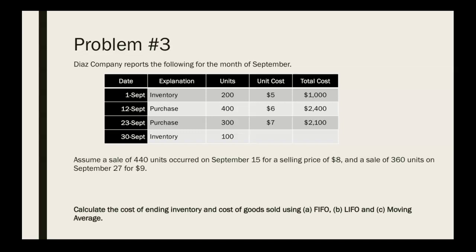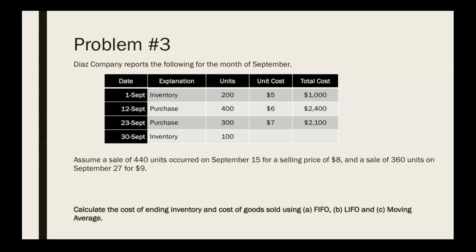They started off with an inventory of 200 units at $5 a piece, and then they purchased 400 units at $6 a piece. On the 12th, on the 23rd, they purchased 300 units at $7 a piece. And then it tells us that they ended up with 100 units in their ending inventory.